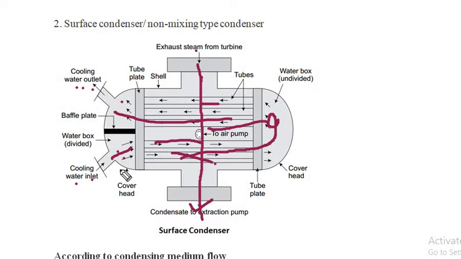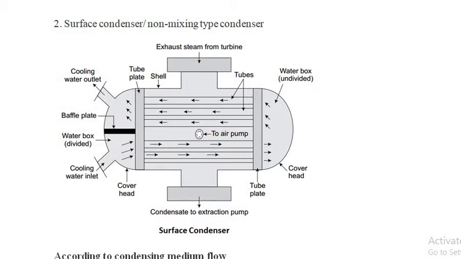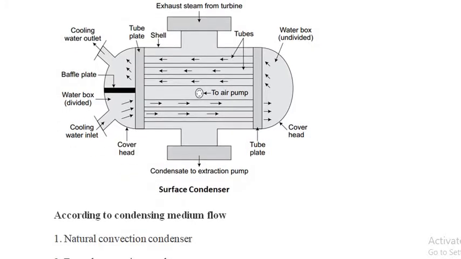So the cooling water increases in temperature, and the exhaust steam gets condensed. This is the main function of the surface condenser. The special feature of the surface condenser is that the two fluids, the water and the steam, don't mix. This is the non-mixing type condenser.